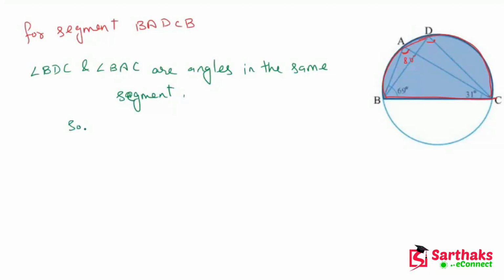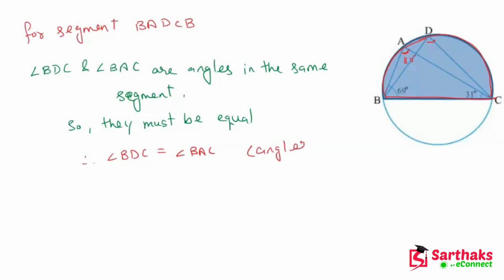So we can write angle BDC is equal to angle BAC, since angles in the same segment are equal by theorem 10.9.